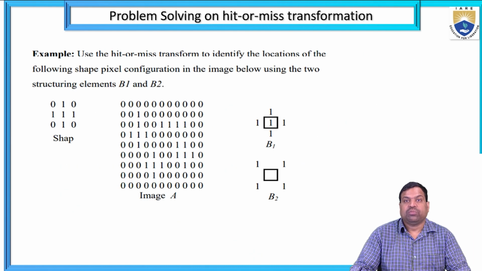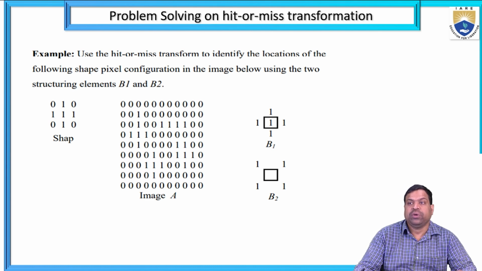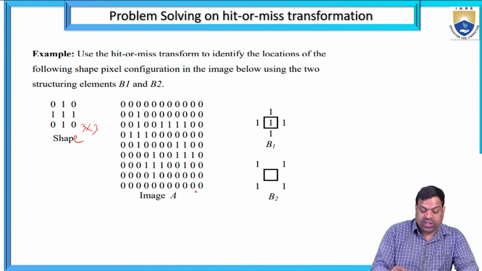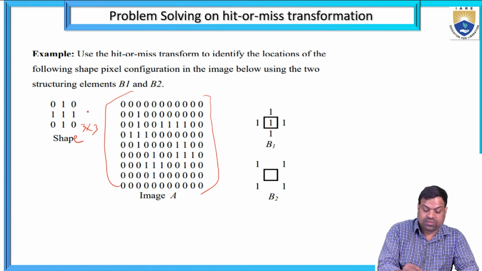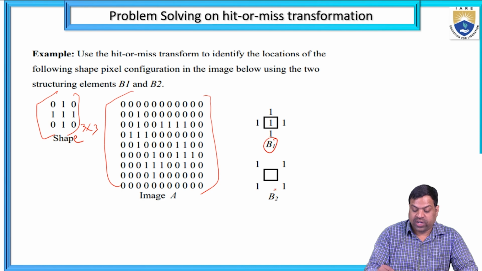If I take one example, use the hit or miss transform to identify the location of the following shape pixel configuration in the image below using the two structural elements B1 and B2. Okay, it is the shape of this one. So what is the shape? I am taking 3 by 3 pixels, and here I am taking an image. So I am doing B1 and B2. Already we know that B1 is for the object and B2 is for the background.